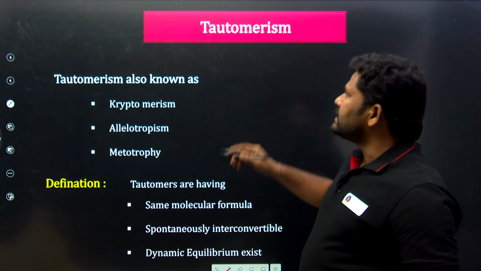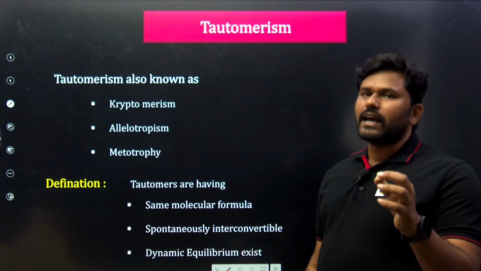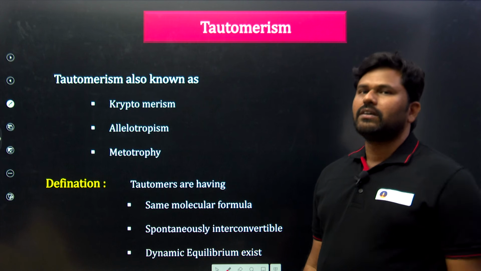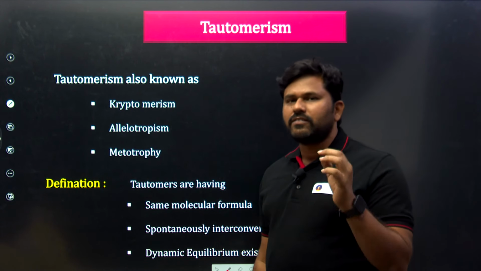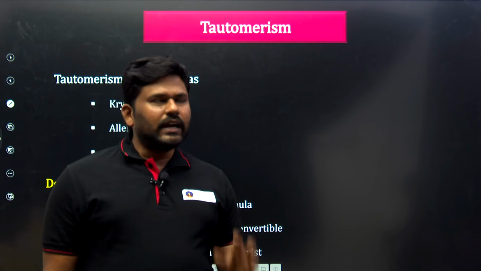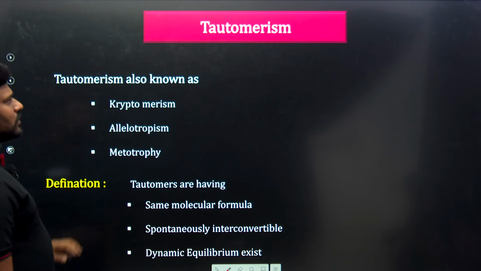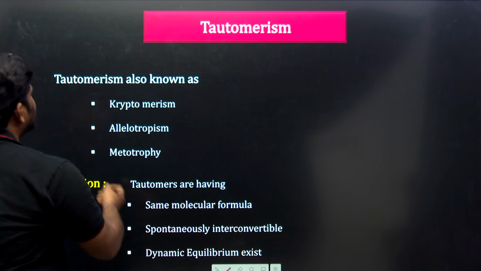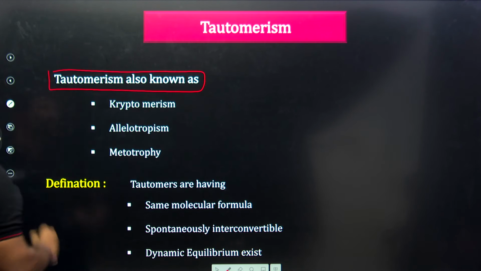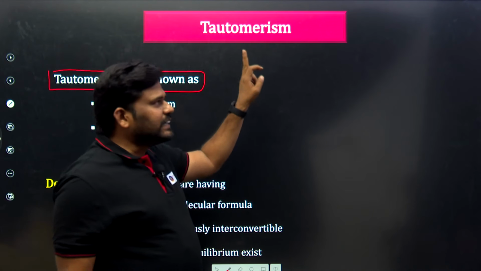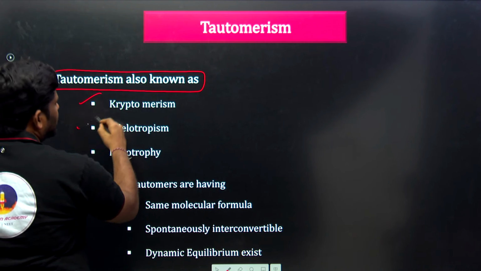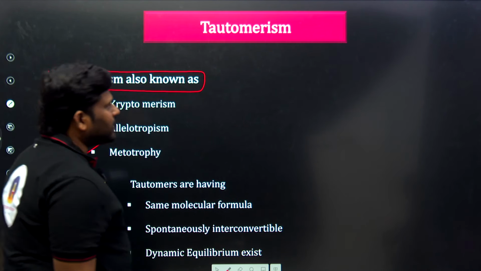Now we are moving to the sixth isomerism. I am expecting 99% questions from this in any competitive exam. Tautomerism is very important, somewhat typical, and also very difficult. It is also known by other names: cryptomerism, allelotropism, metatropy.